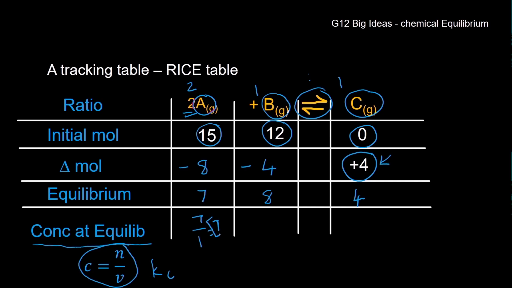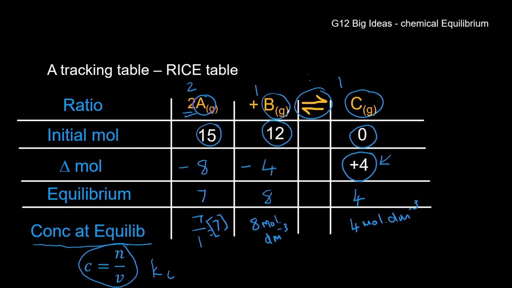I'm just going to put that in there, that's the concentration. This one would be 8 mole per decimeter cubed, and then this one would be 4 mole per decimeter cubed.